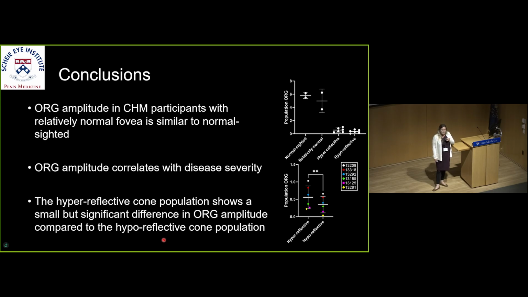So with that, I'll conclude to say that optoretinography in the relatively normal foveal phenotype CHM patients was similar to normal-sighted. The optoretinography amplitude correlated with disease severity, and those hyperreflective cone populations show a small but significant difference in comparison to the hyporeflective patches. So thank you very much for your attention.